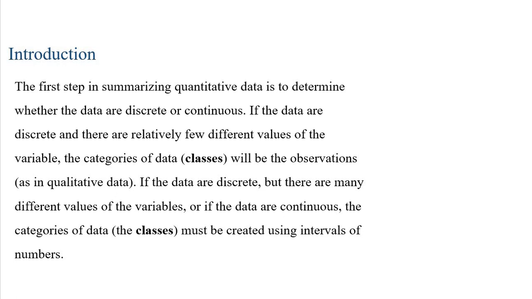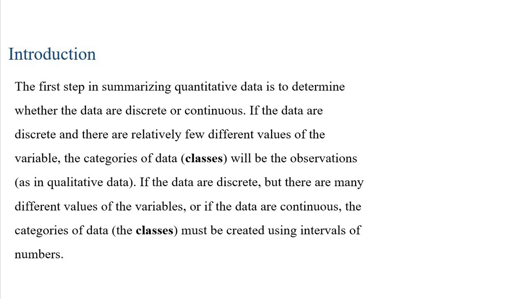For example, if we're collecting the number of cars per household, that data is going to be discrete, and so the classes are going to be the observations. Let's say some of the observations are 0, 1, 2, 3, 4, 5. Then these are going to be the classes of our table, just like the qualitative data. So we treat it the same way we treat qualitative data.